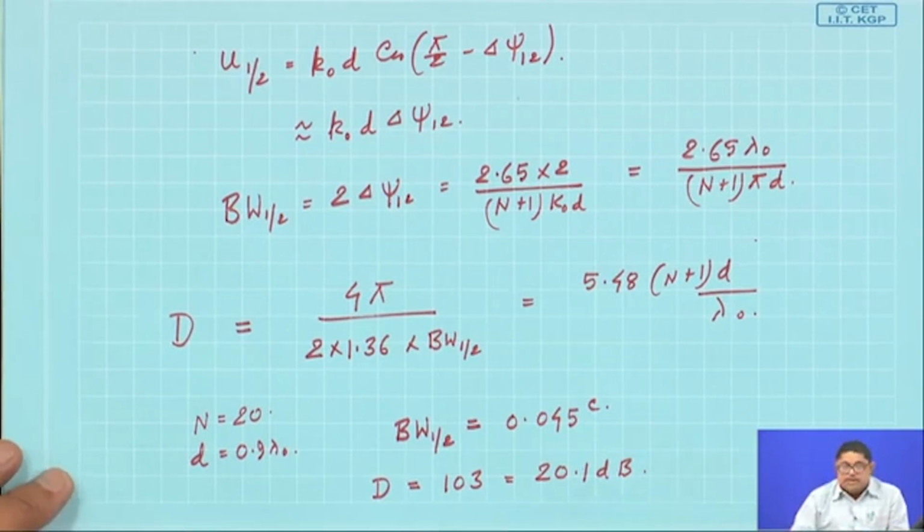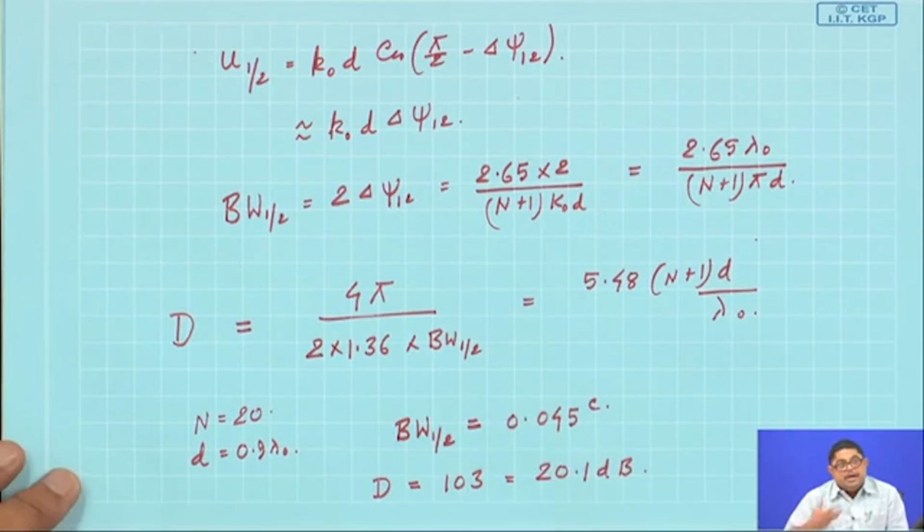So, obviously there will be some losses, but you can make almost the gain multiplied. Typically for a dipole array it was 1 or 1.5.